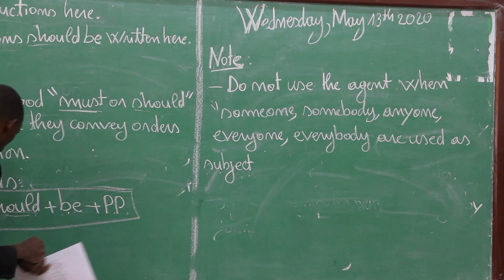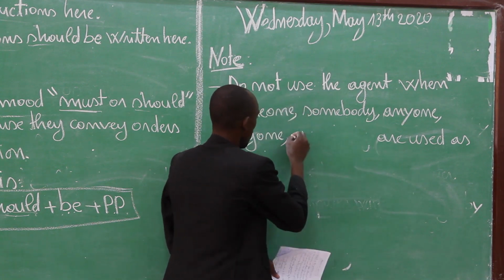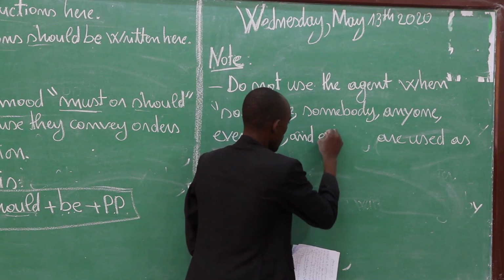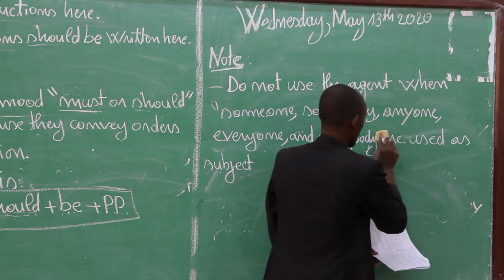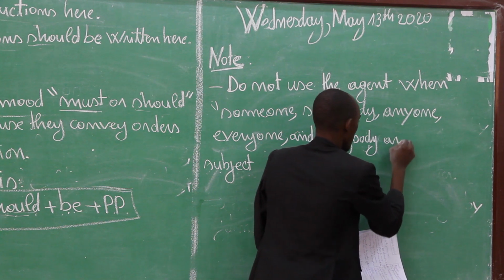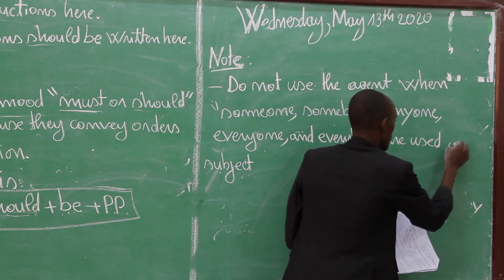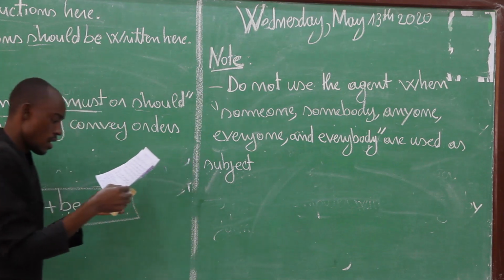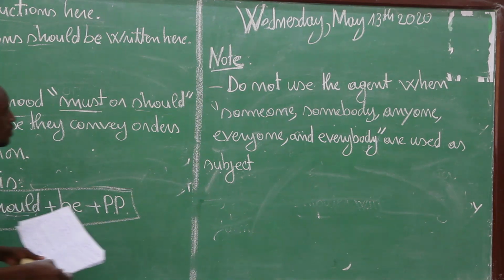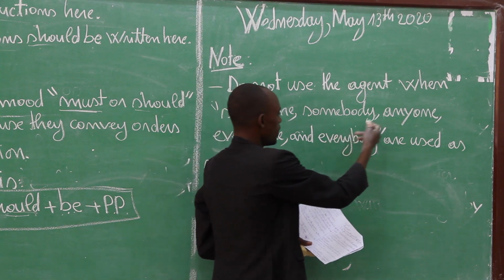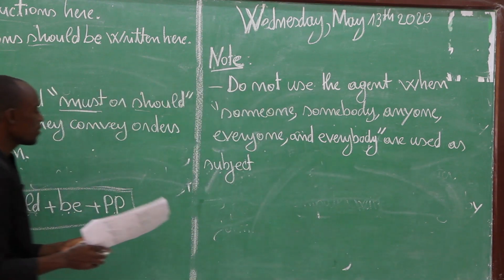Okay, here we can write: do not use the agent when someone, somebody, anyone, everyone and everybody are used as a subject.